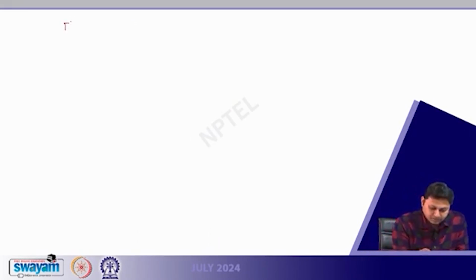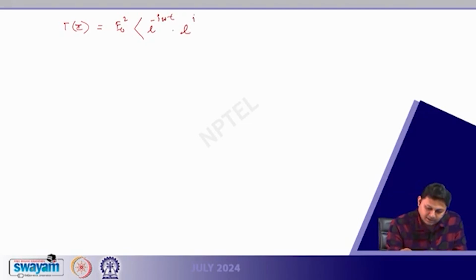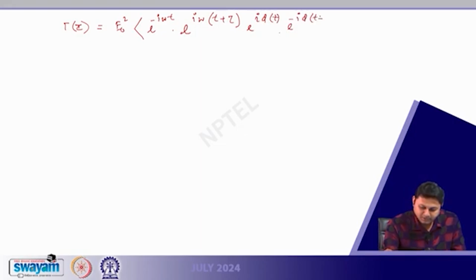So big gamma tau is equal to E naught square, and then the time average of these terms: e to the power of minus i omega t into e to the power of i omega t plus tau, and then the phase term e to the power of i phi t multiplied by e to the power of minus i phi t plus tau. I just simply write down the expression that we had.